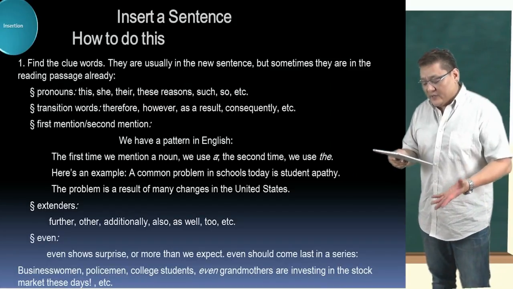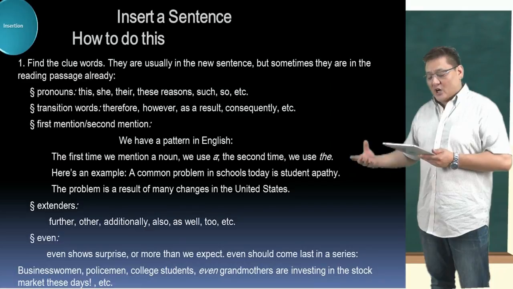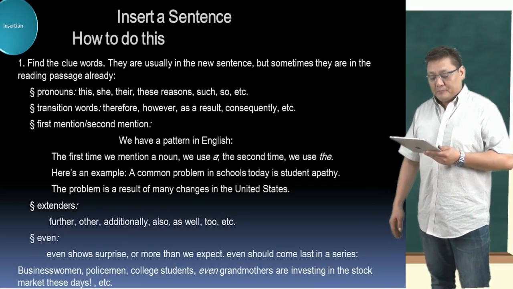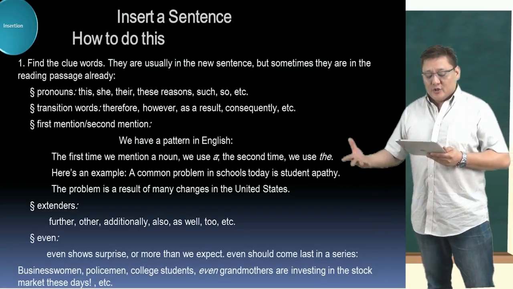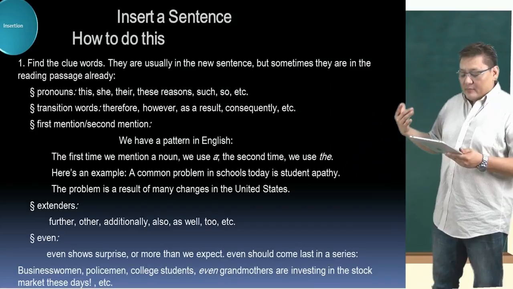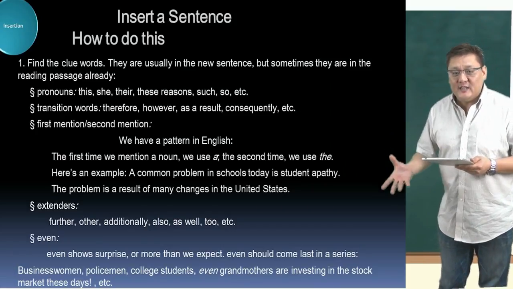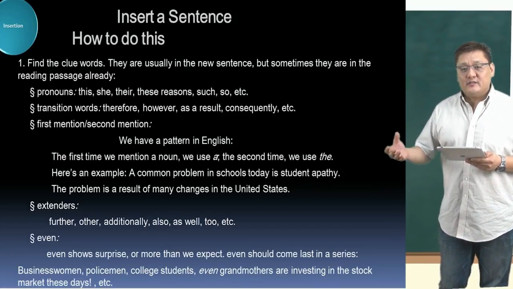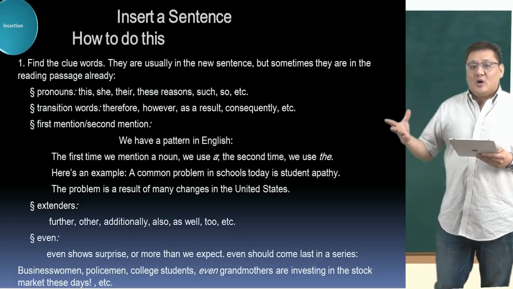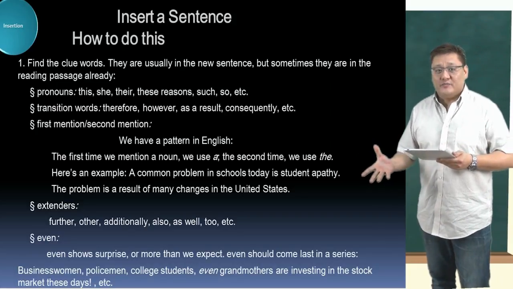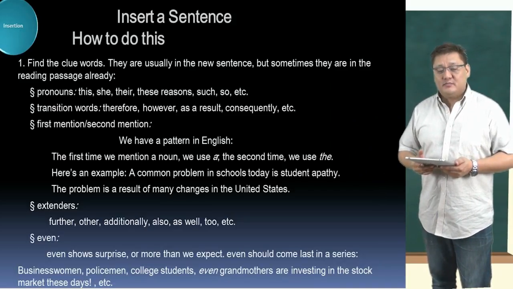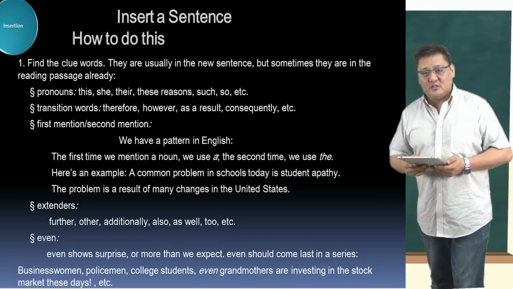When you say even, they're giving you something shocking, something surprising. So even basically shows surprise. Businessmen, policewomen, college students, even... It's not like although, but you're kind of caught off guard, so they often put this in TOEFL. The same goes for TEPS.